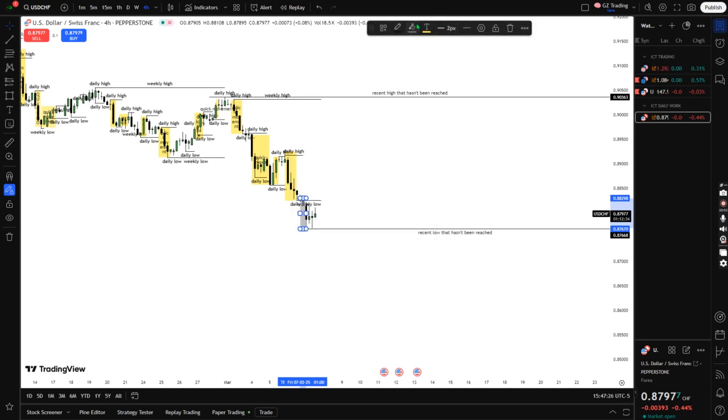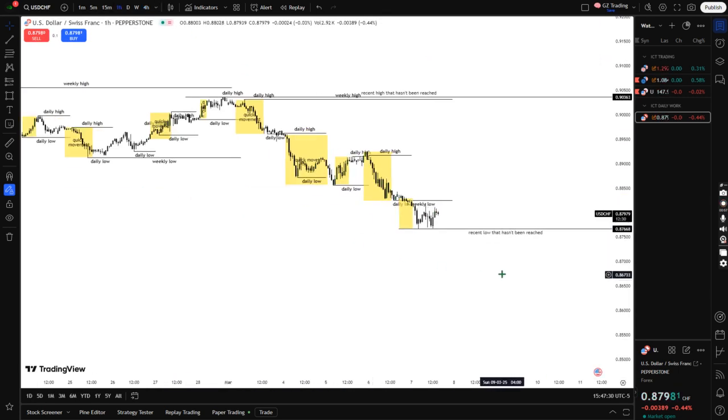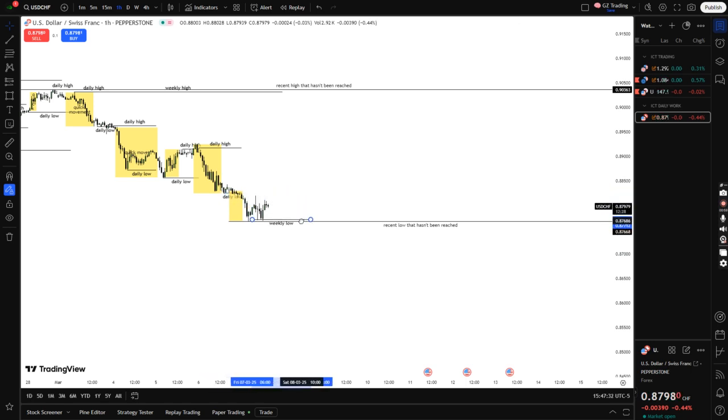Okay. Then on the 1-hour chart, we see the weekly low has changed and has become this one. Perfect.